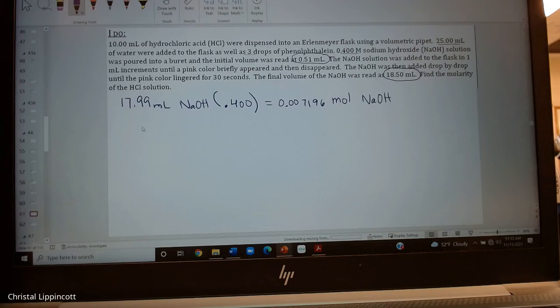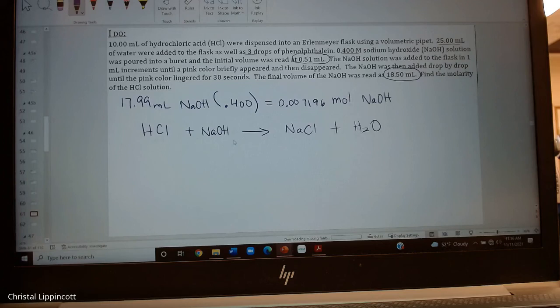So if I look at my equation and what's going on here, this is my balanced equation.